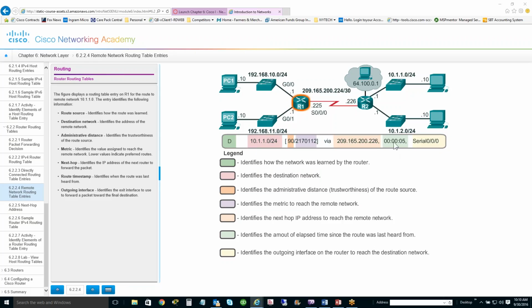And this is a time counter that says when's the last time that we've learned from this particular routing source about this particular destination route, and then ultimately the outgoing interface of that particular route. So it's going to be out 0/0. So a little bit more complicated, but without dynamic routing protocols, the internet would basically collapse.